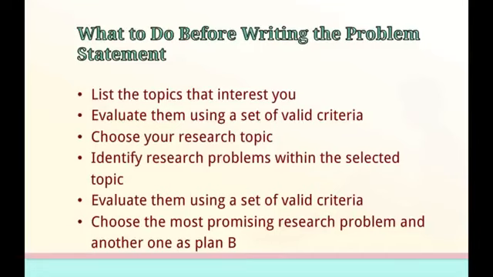Okay? When you have selected your research topic, the next step is to identify research problems within the selected topic. And this is a very reflective stage of the process. To complete this phase, you have to think, okay, I like this topic. For instance, Adrian is interested in audit and control or finance.